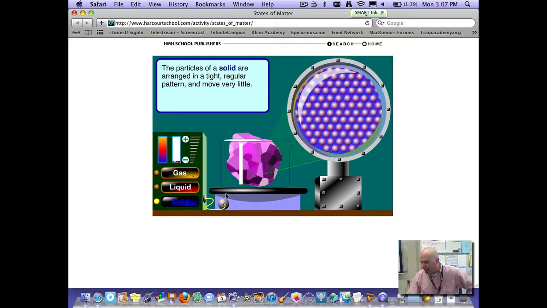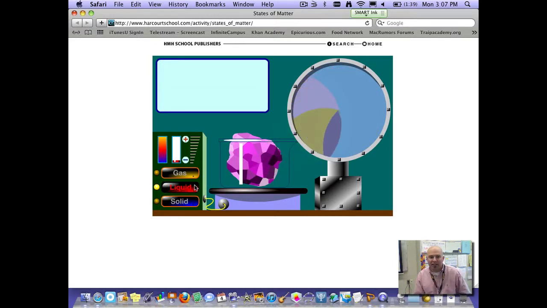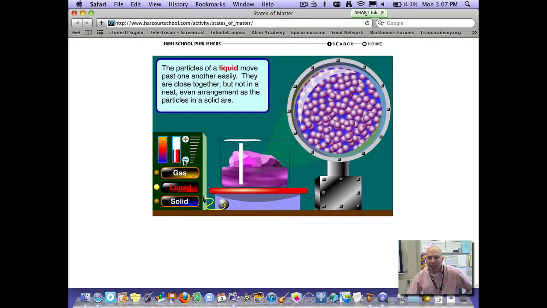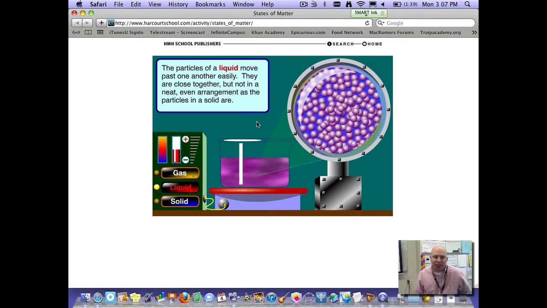If I heat up my burner on this little slide here, you can see the temperature moving up. As the temperature moves up, obviously it melts the solid into the liquid form. And the difference here is, again, the particles are still quite tightly packed together, but now they're moving past each other. If I were to follow one, you can see it slide past the others.